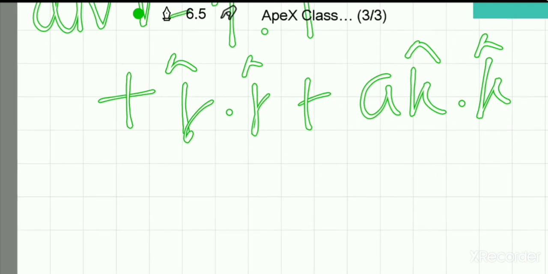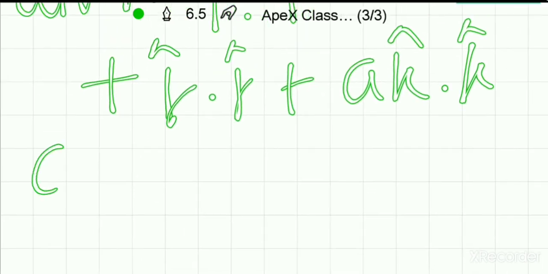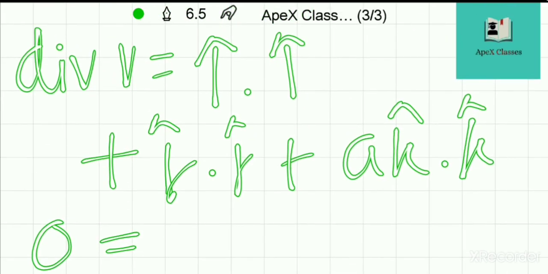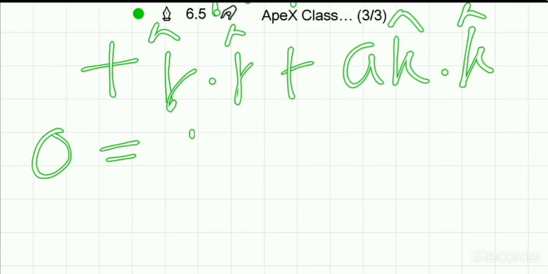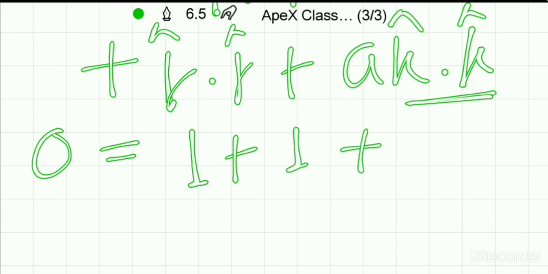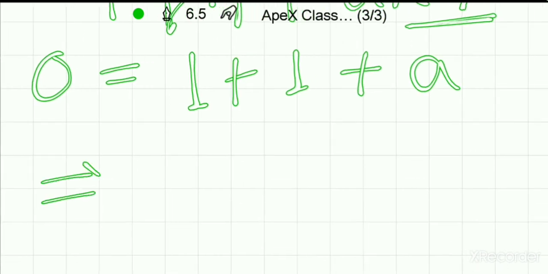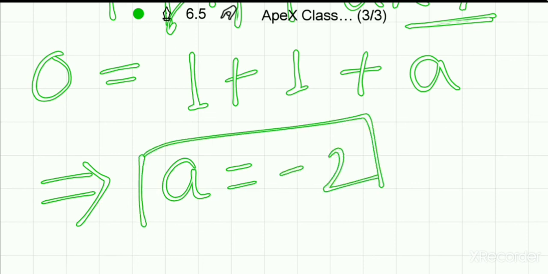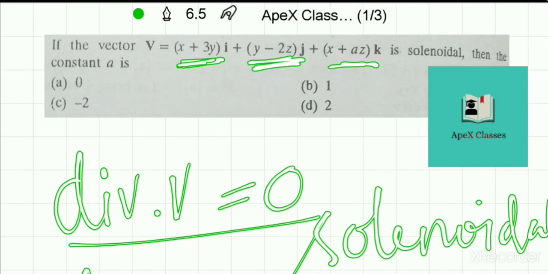Now again, the divergence of v should be equal to 0 because it is solenoidal, and the dot product of i and i is 1. Similarly, the dot product of j and j is 1, and the dot product of k and k is 1. So here we will get 1 + 1 + a = 0. On solving this, we will get a is equal to minus 2. This will be the value of a. That means option number C will be the correct answer.